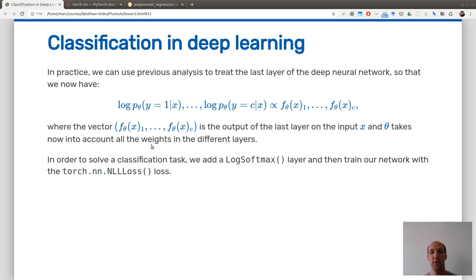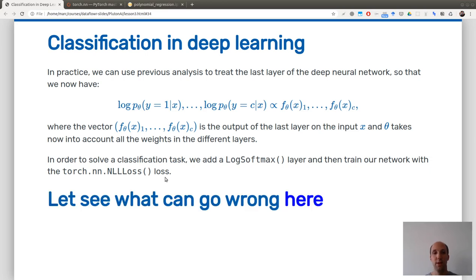Now, if you make this interpretation, you are back in a softmax regression. You have the log of the probability, you pass this to a log softmax, and you apply the NLL loss in order to update your parameters.